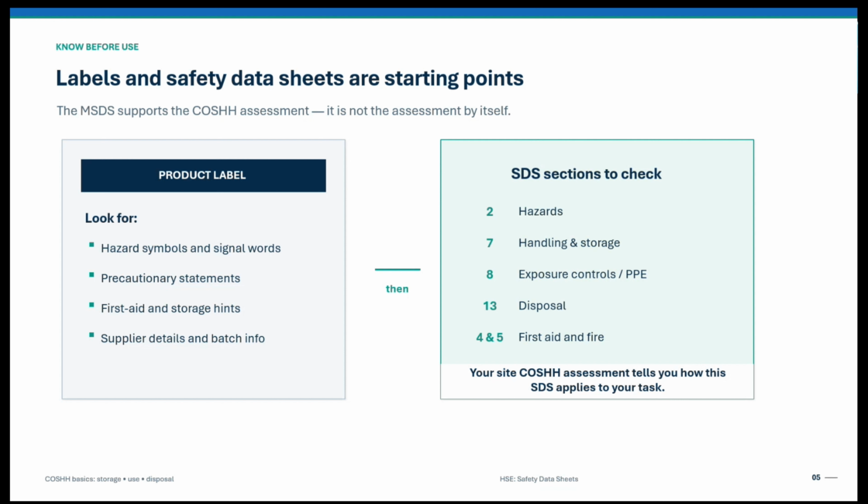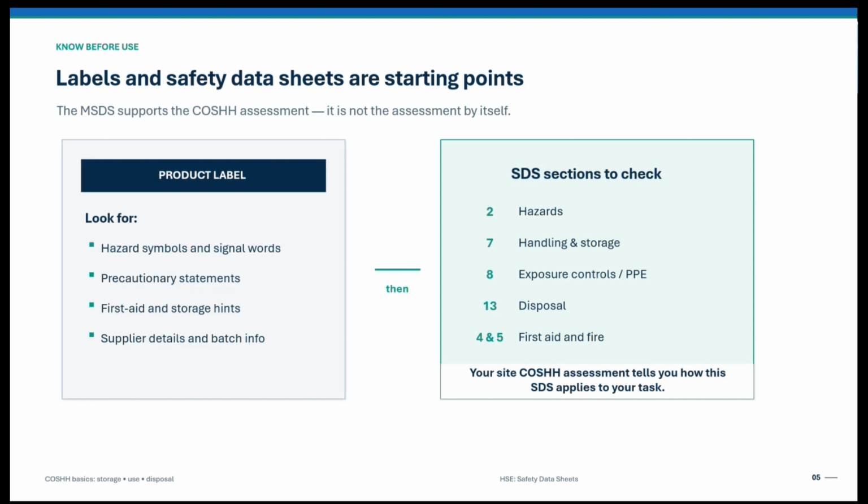To find things on the SDS sections, you can check section 2 for the hazards associated with the goods. Section 7 will always have handling and storage of the goods: what PPE you need when handling the goods, and any safe locations for them.